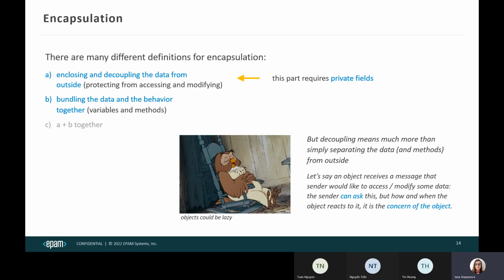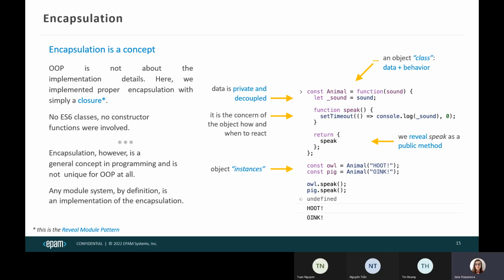And also there are many libraries which we can use while programming with JavaScript, which give us access to making our fields private, to hiding the data on our objects. What should be noted is that object-oriented programming is not about the implementation details. So encapsulation can be achieved in different ways.